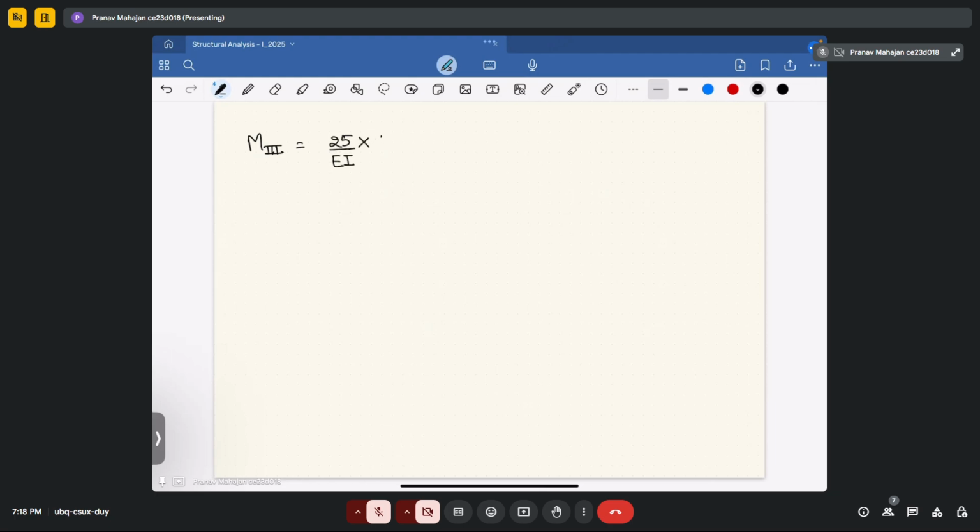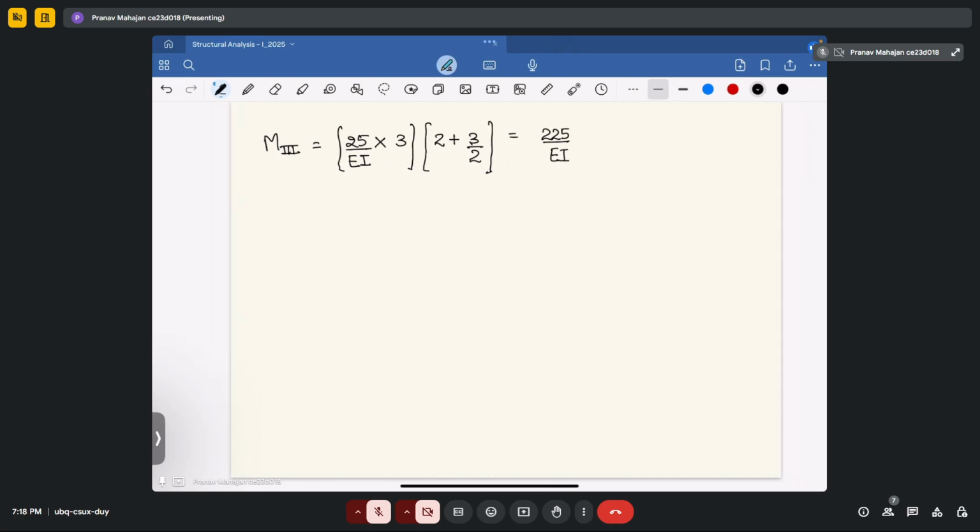Length is 3 meter. And what will be the lever arm? That will be equal to 2 plus 3 by 2. If you solve this, you will get the value as 225 upon EI.